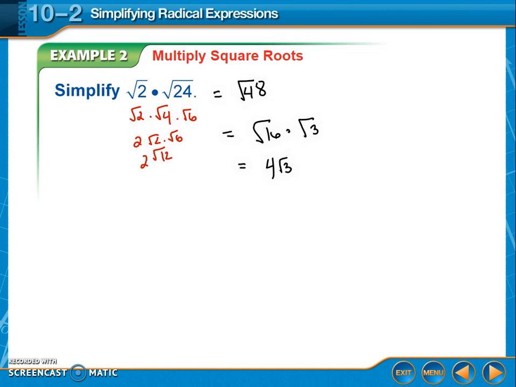Now you have 4 that goes evenly into this. You could say this is 2 times the square root of 4 times 3. So then you're going to get 2 square root 4 times square root 3. So you're going to get 2 times 2 times square root 3, and you're going to get 4 square root 3. Now, you can obviously get the same answer, but there's sometimes ways that are faster. So you want to be looking for those.